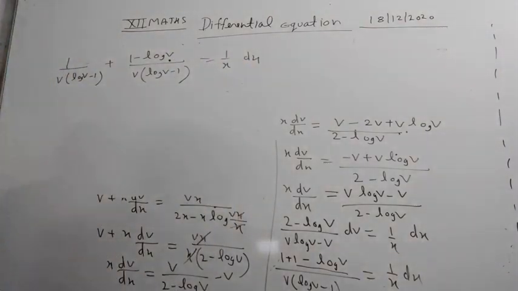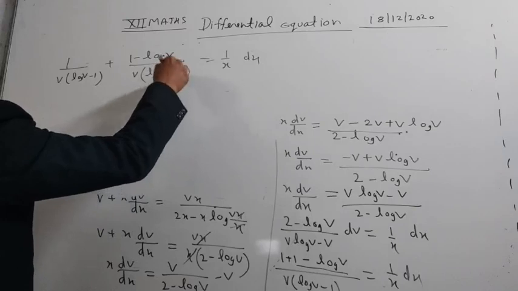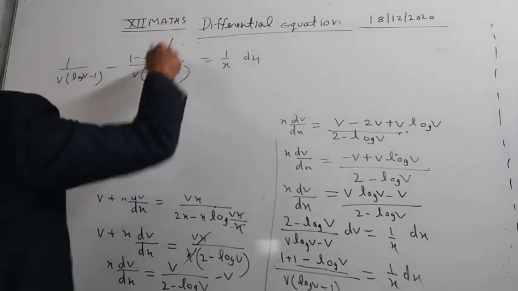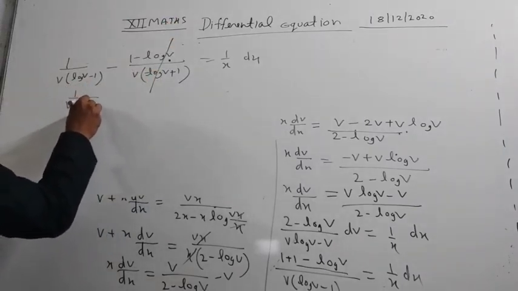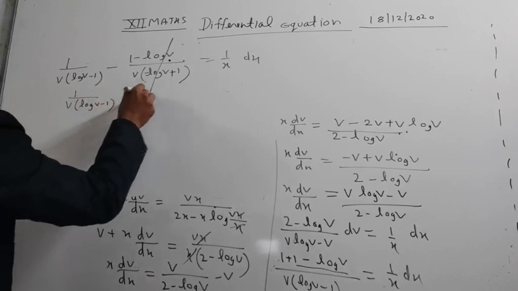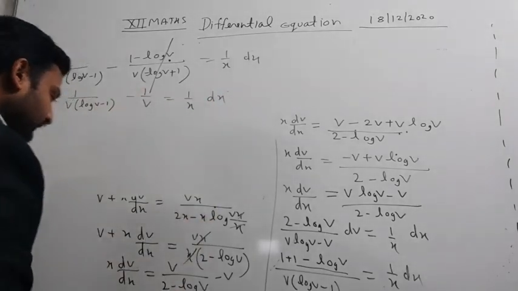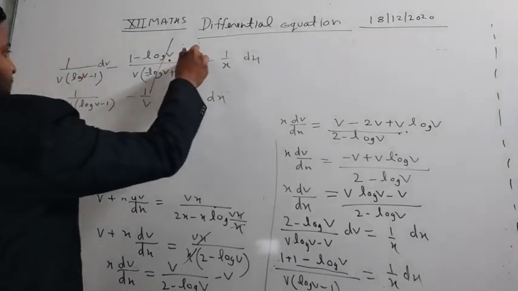Taking the minus sign outside, the terms cancel, and we get just 1 by v log v minus 1, minus 1 by v dv, equals dx by x.